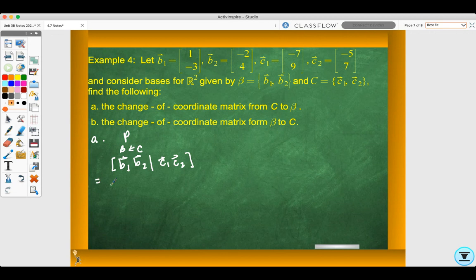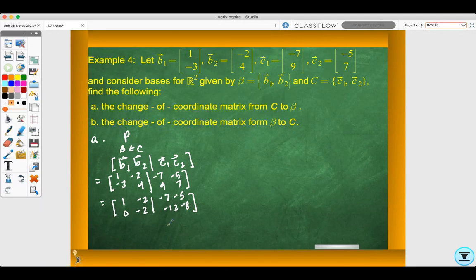This would equal 1, -3, -2, 4, and -7, 9, -5, 7. First, I can take 3 times row 1 and add it to row 2. And I'd get 0, -2, -12, -8.